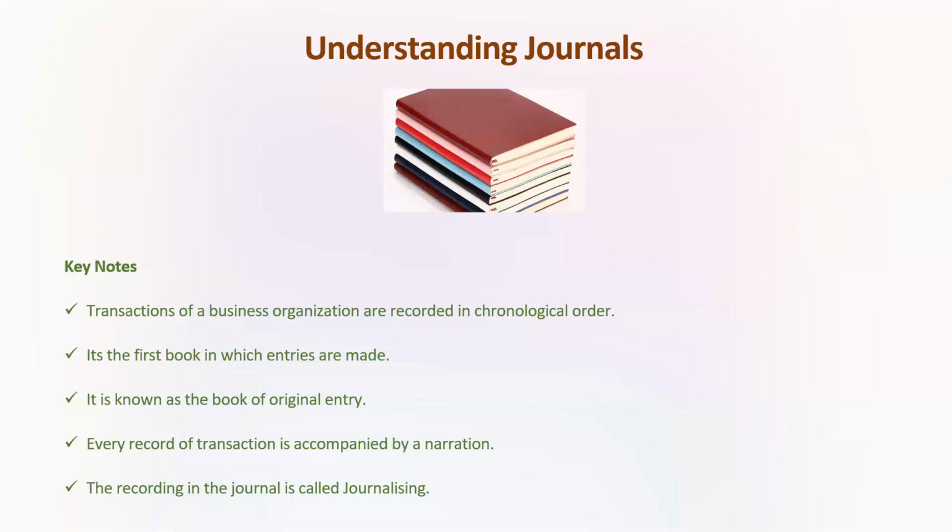For example, after you have posted all the transactions, say after 2 months or 3 months, or when there is an audit happening in the organization, you may want to know about one particular transaction which happened in the month of April 2003. You can easily check the journal, turning to the pages of April and checking for the exact date. Why? Because it is maintained in chronological order, that is, date wise.